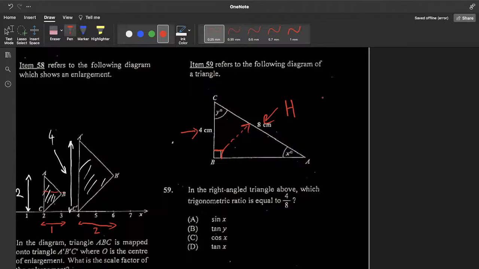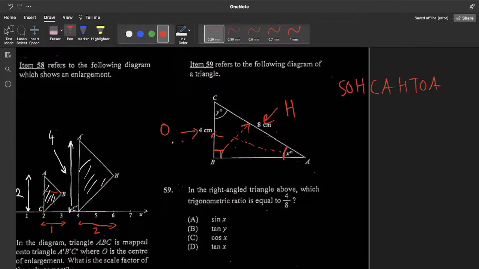So let's look at it from the perspective of x first. This would be the opposite because the angle we're focusing on, which is x, makes this line the opposite of that particular angle. So back to our SOHCAHTOA that we did earlier.